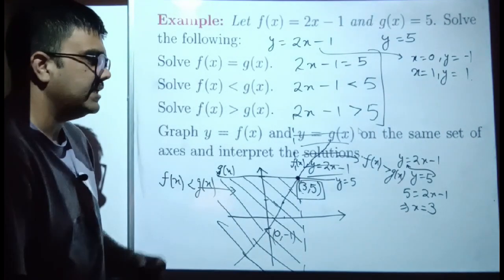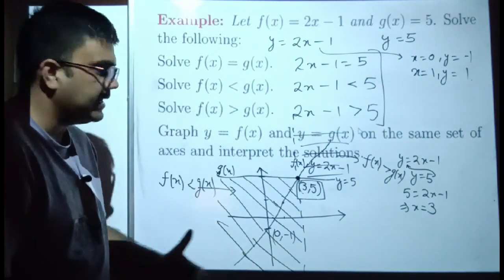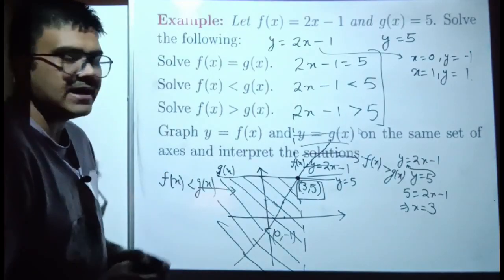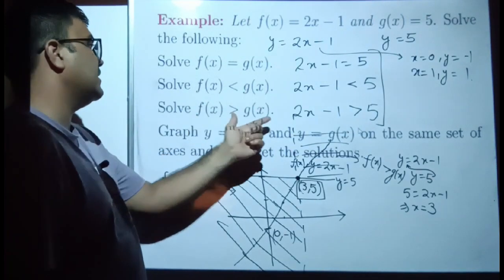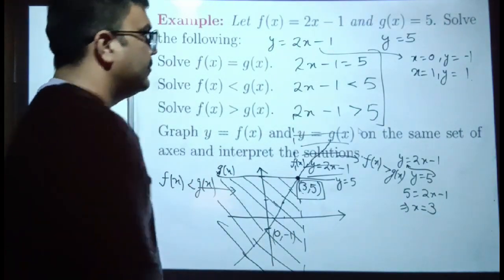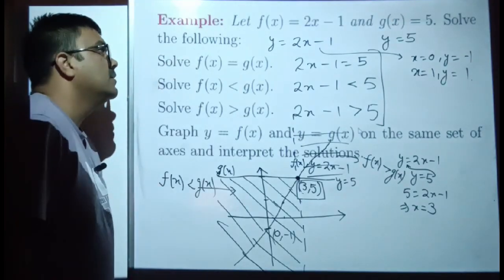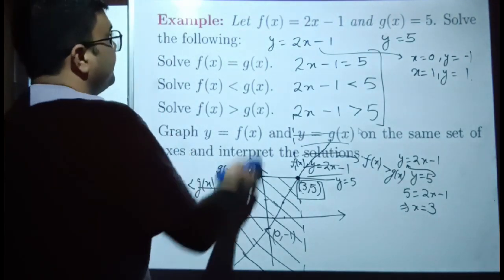So these things in our next class we will see in detail what is happening over here. I am just giving an overview of what f(x) is less than g(x) and f(x) is greater than g(x) means. In the next class things will be more clear to you. The next thing we have is the word problems.